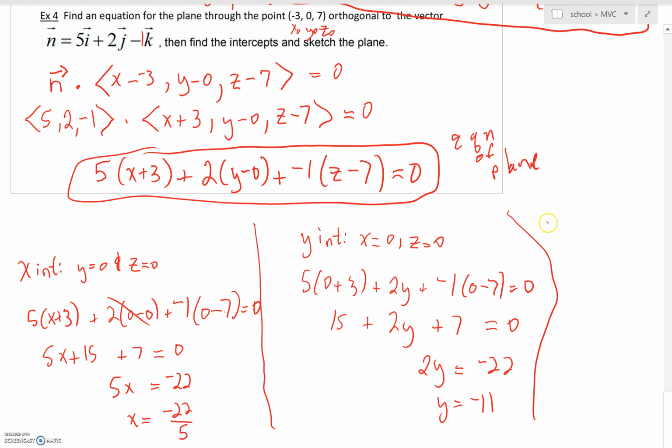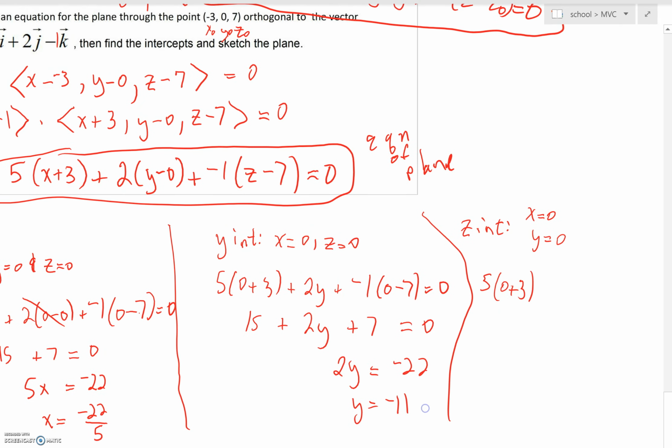Finally, we can find our z-intercept. We let x equal 0 and y equal 0. So we'd have 5 times 0 plus 3, plus a 2 times 0 minus 0.